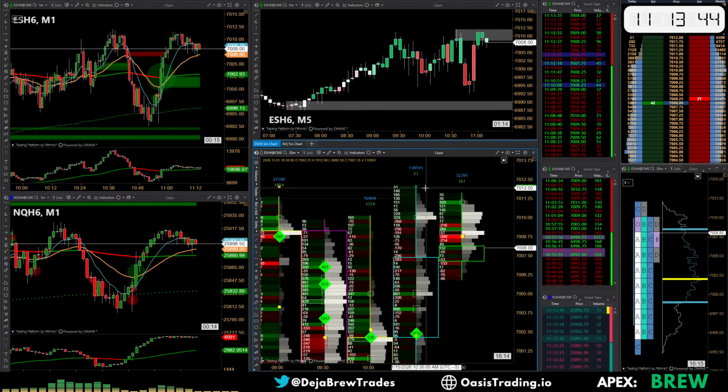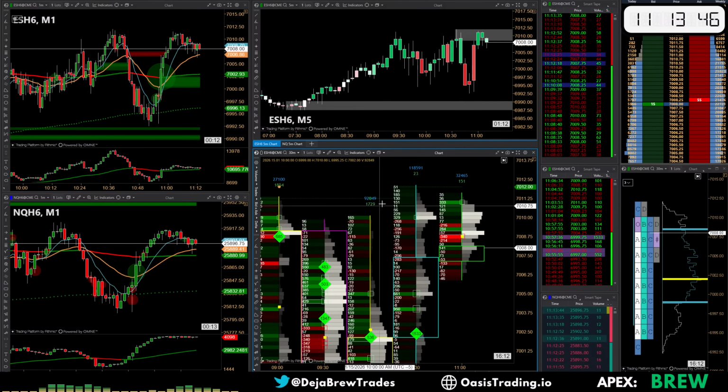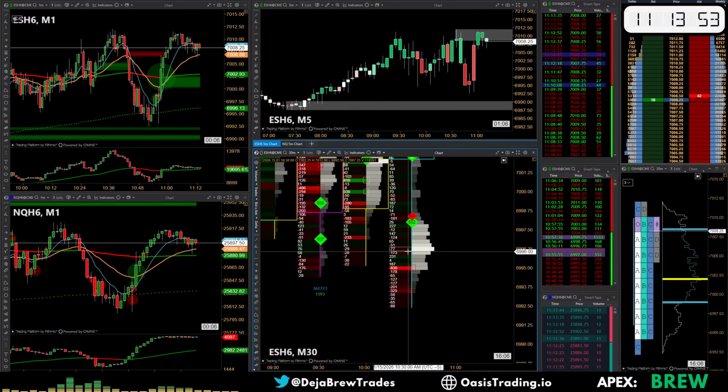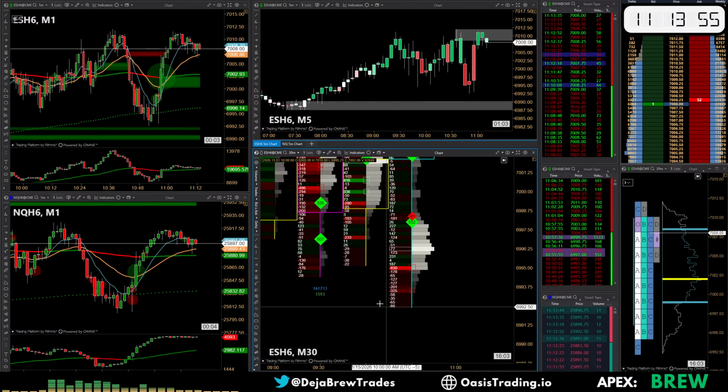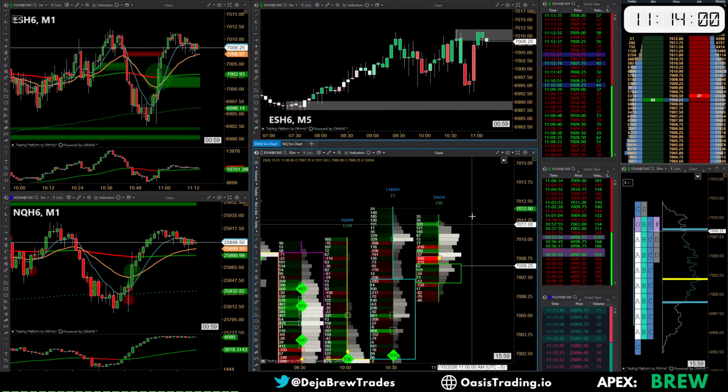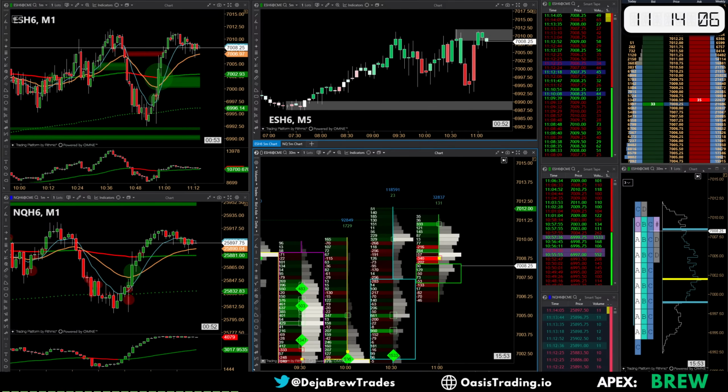Volume, very good on this candle, by the way. Volume is actually increasing on this candle, which is not usual. It's not usually what you see this time of day. And it's because of VWAP. You had so much volume off of VWAP there. Typically, going into lunchtime, every single candle is going to decrease in volume, unless there's some kind of news or whatever coming out.